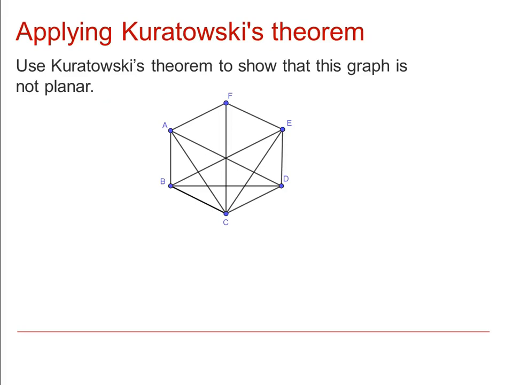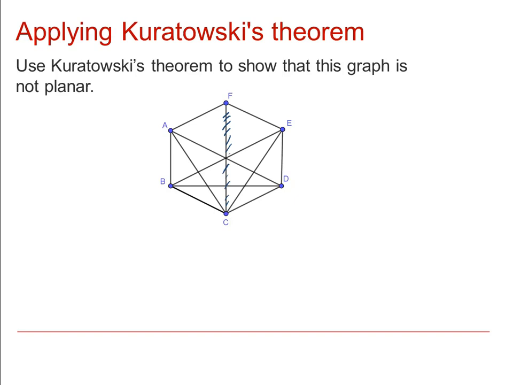In this question we're asked to use Kuratowski's theorem to show that this graph is not planar. Well, firstly, if we rule out the edge going from F to C, you can see that F itself is order 2. And then if you look at what we're left with, A, E, D, C, B, that would be equal to K5.